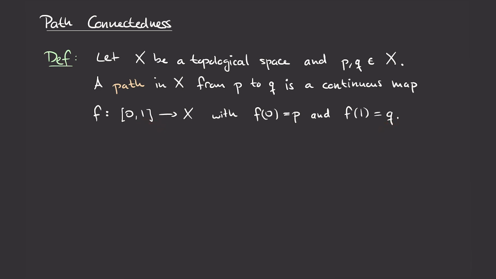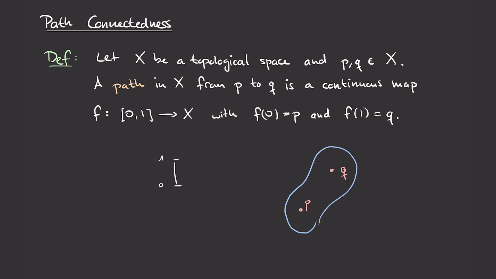mapped to Q. In pictures, if this is our space X, and we have a point P in this space and a point Q, then a path from P to Q is a continuous function from the unit interval. So this is the unit interval [0, 1] here.